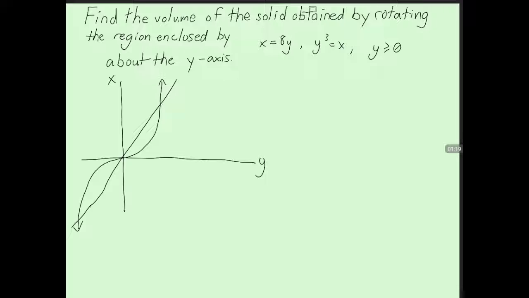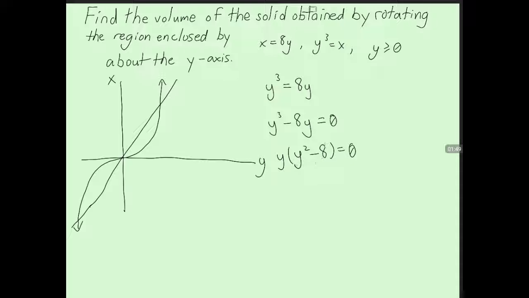So we want to find out where the line intersects the curve. To do that, we're going to set the functions equal to each other. So y cubed is going to be equal to 8y, and we're going to rearrange the equation to solve for y. If we factor out a y, we get y squared minus 8 equals 0.